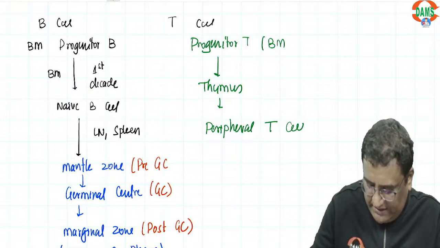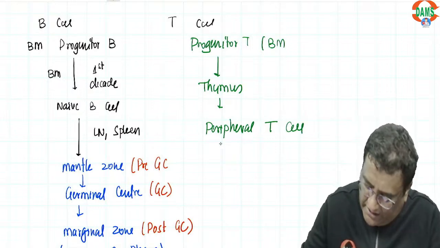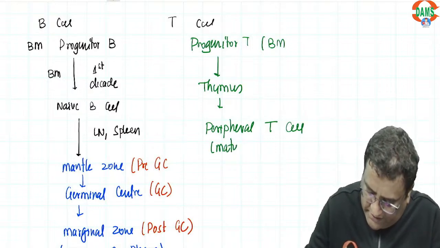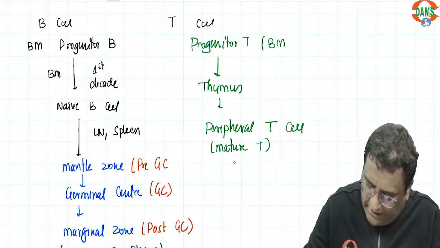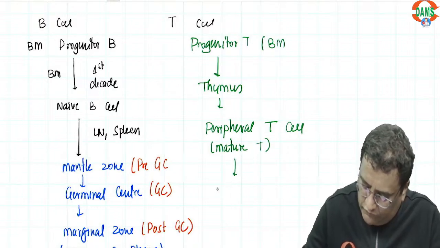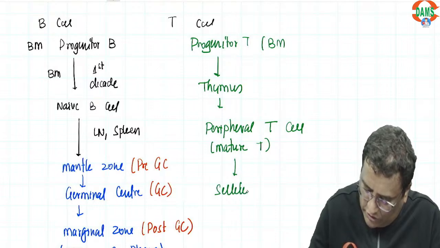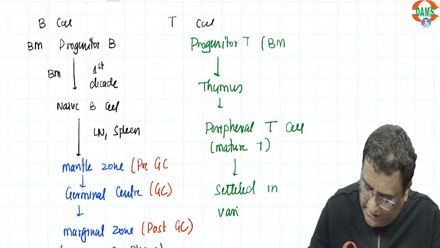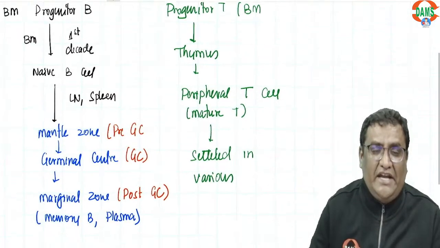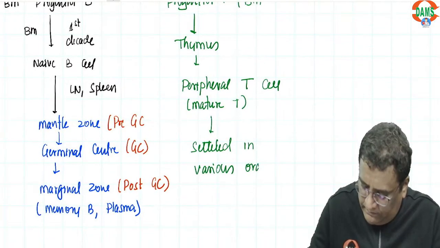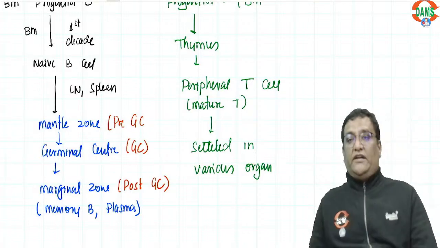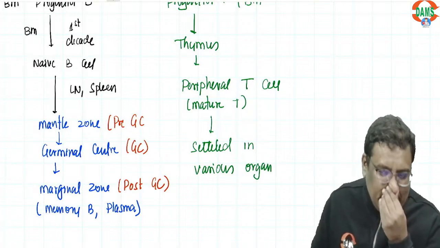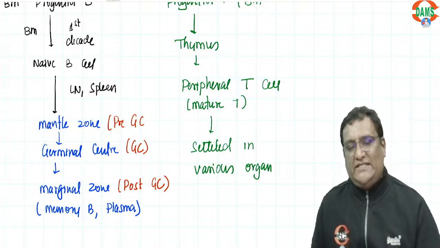Peripheral T cells are nothing but mature T cells, which go and settle in various organs like skin, lymph node, GIT, etc. So this is what is happening in T cells.